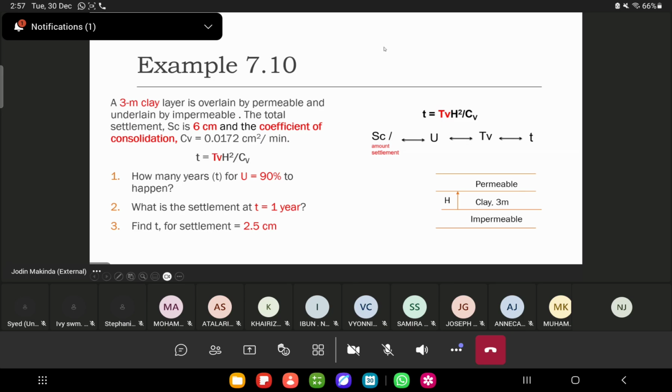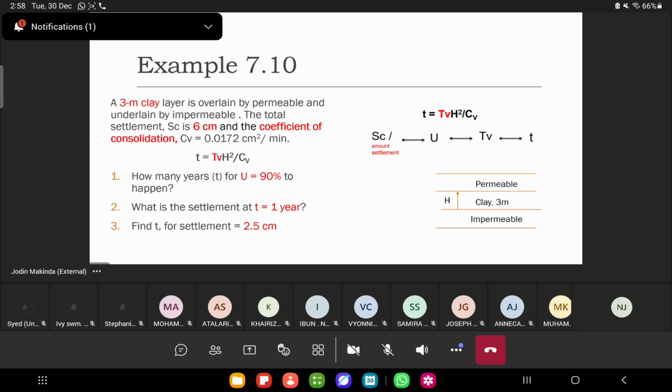The tip is given in the chain equation here. SC, U, TV, T. Meaning that if you are given SC and you have to find time, you use SC to find U, then use U to find time factor TV, and use time factor TV to find time in that direction.